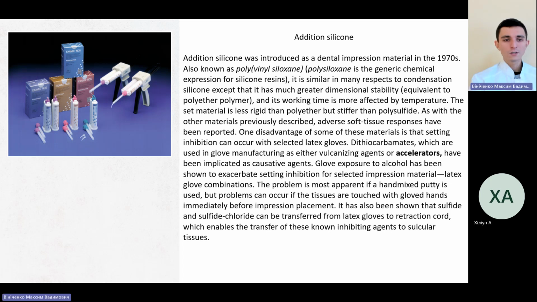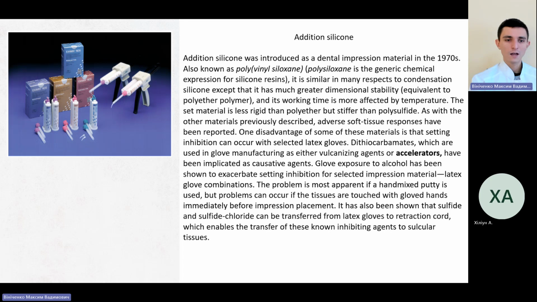As with the other materials previously described, adverse soft tissue responses have been reported. One disadvantage of some of these materials is that set inhibition can occur with selected latex gloves. Dithiocarbamates, which are used in glove manufacturing as either vulcanizing agents or accelerators, have been implicated as causative agents.